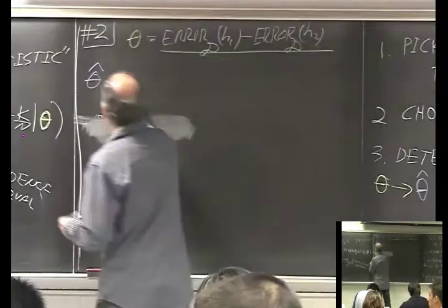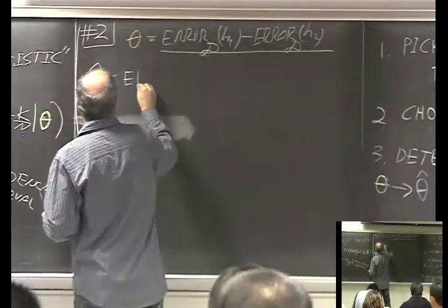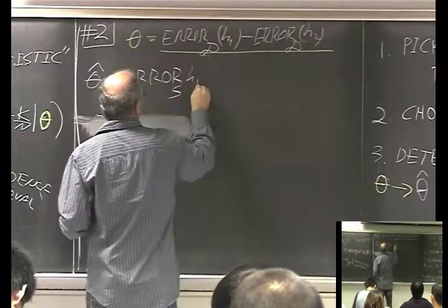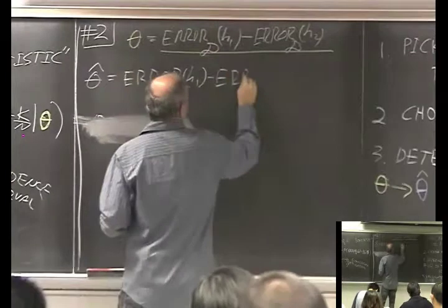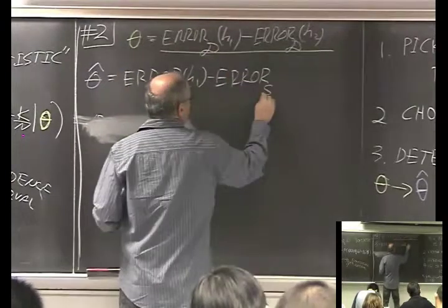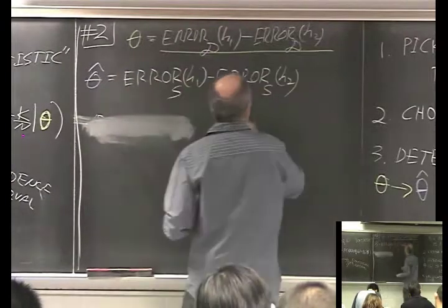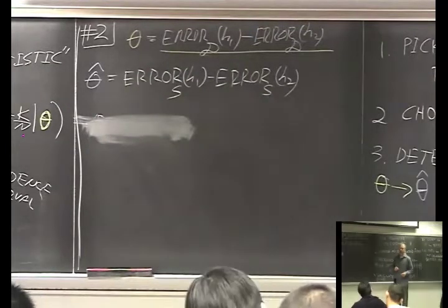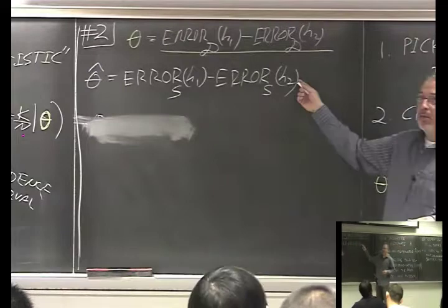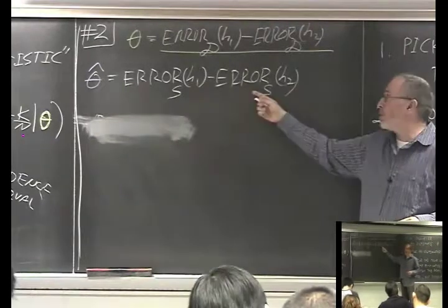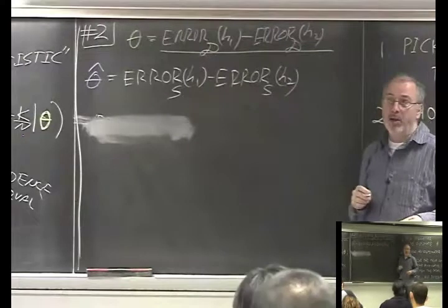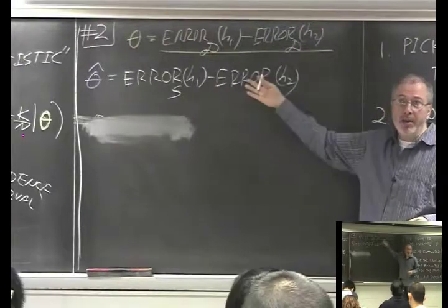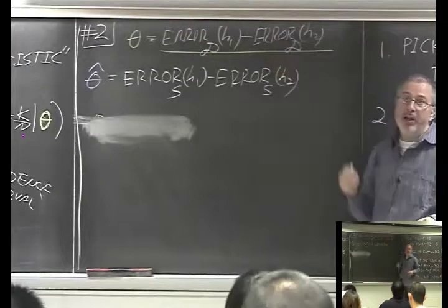Error under S of H1 minus error under S of H2. This is purple, because this changes based on what S happens to be. S is randomly sampled. So one day it would have one value, on another day, with the exact same world, with the exact same green value here, it will have a different value.